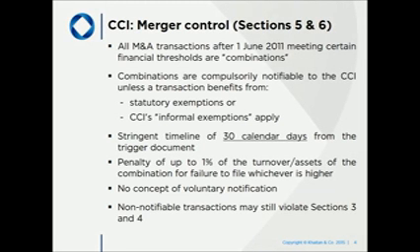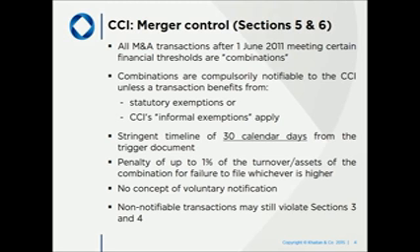Now, with respect to merger control, under sections 5 and 6 of the Indian Competition Act, all mergers and acquisition transactions after June 1, 2011 that meet certain financial thresholds, which we'll get to in a minute, would be deemed combinations. And combinations must be notified to the CCI unless the transaction benefits from either a statutory exemption or several informal exemptions that the CCI has promulgated through regulations.